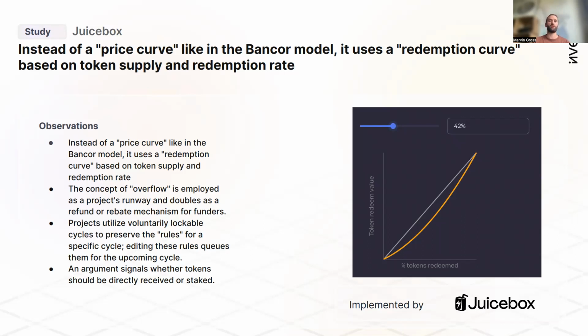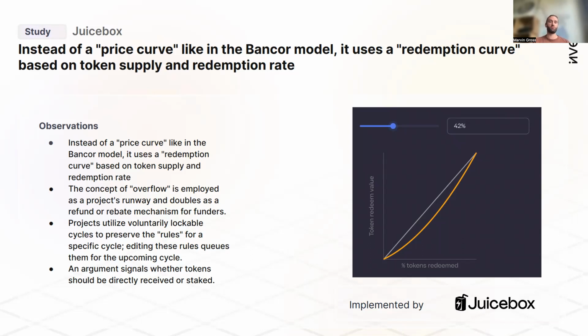They employ a concept of overflow, which is used as a project's runway as well as a refund mechanism. This allows future funding cycles to access this overflow within distribution limits set by the project. And the overflow allows community members to exit with a portion of the treasury's funds by redeeming their community tokens.